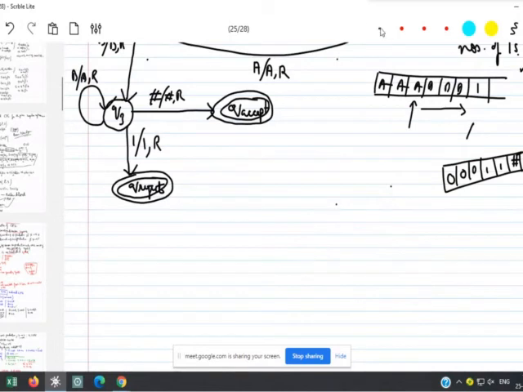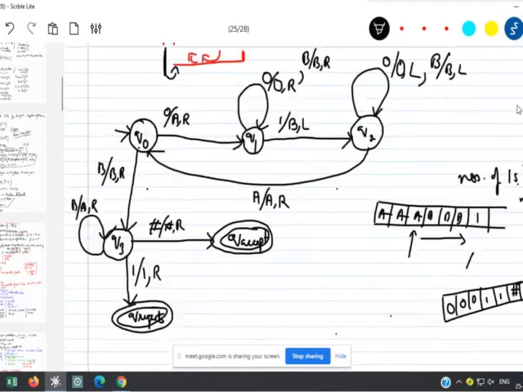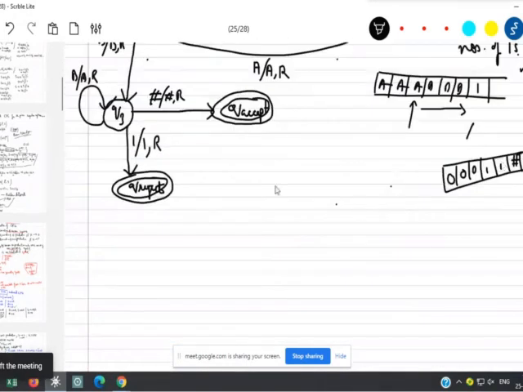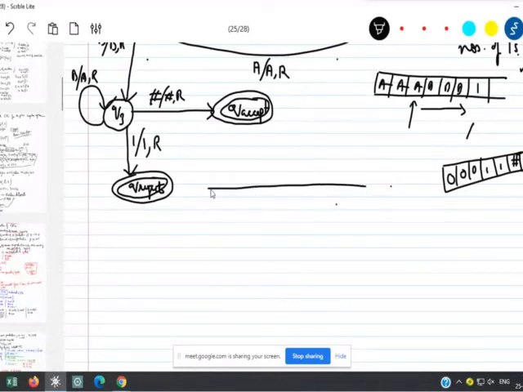Now let me draw the diagram. This particular rejection state is for when the number of ones is greater than the number of zeros. Now we need to insert the rejection for when the number of zeros is greater than the number of ones. So let me just draw it, 0, 0, 0, 1, 1 hash. Now let me use a different color here.